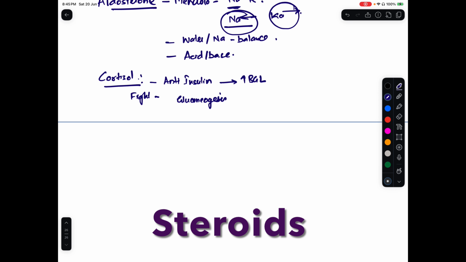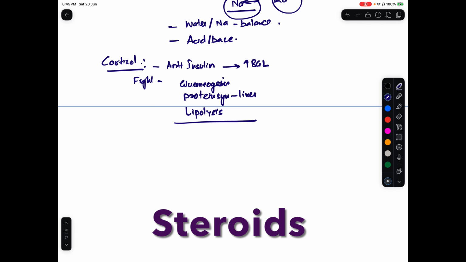It causes protein synthesis in liver. It also stimulates breakdown of fats, lipolysis. Hydrocortisone can be used for its anti-inflammatory effect. It also suppresses immunity, meaning immune suppression.